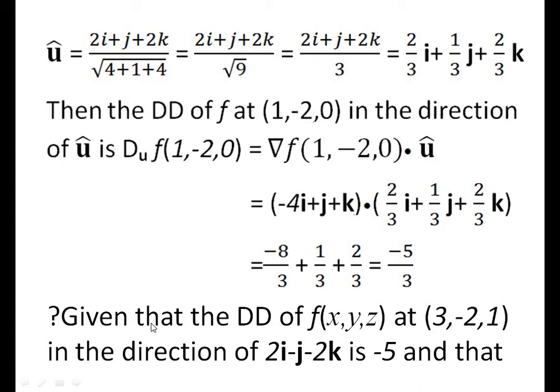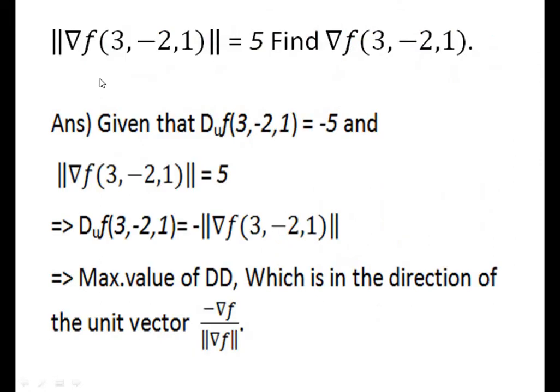Then next question: given that the directional derivative of f of x y z at the point 3, minus 2, 1 in the direction of 2i minus j minus 2k is minus 5, and that norm del f at the point 3, minus 2, 1 equals 5, find del f at the point 3, minus 2, 1.